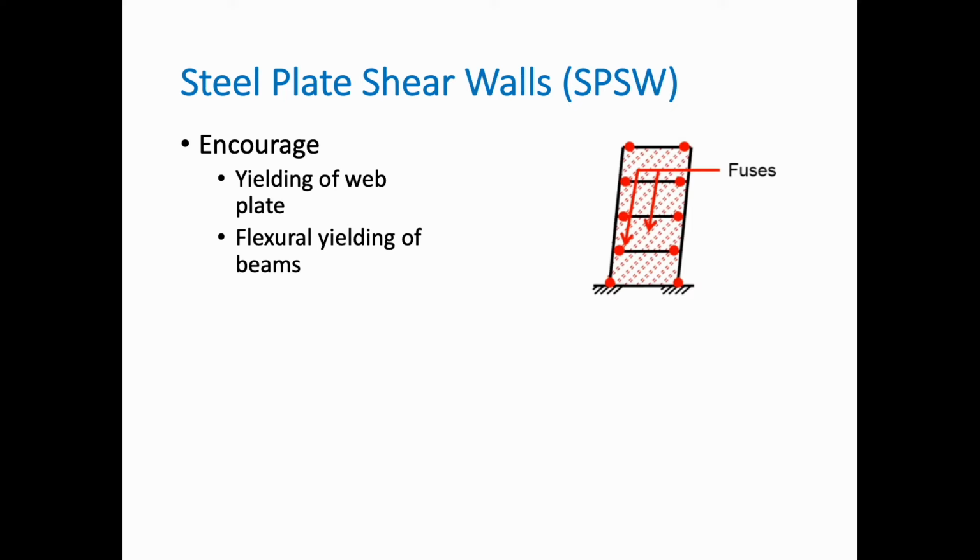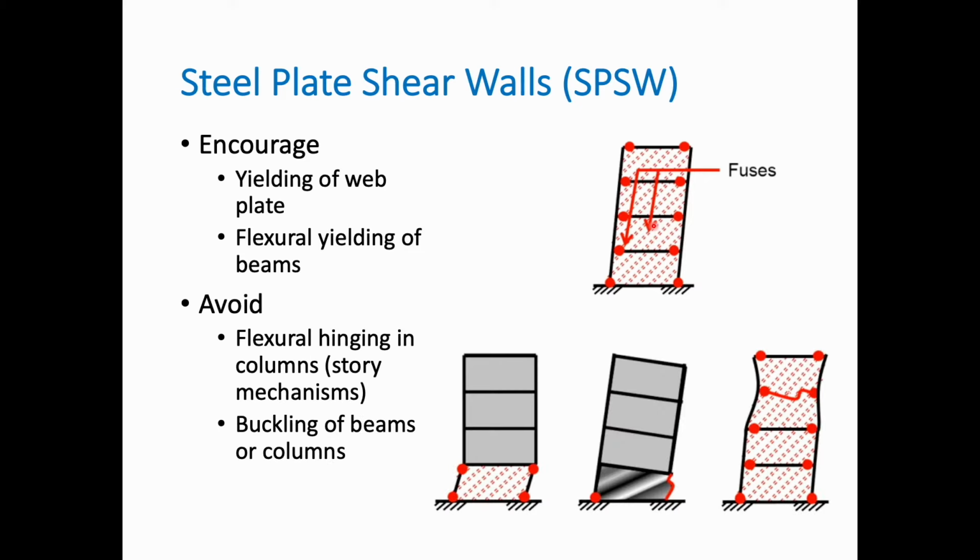So we will then get the flexural yielding of beams, and as you can see here, the plastic hinges are on beams. So the fuses in this system are both the beams, where we'll get the plastic hinges, as well as the plate itself, which will buckle. What we want to avoid here is the flexural hinging, again, in columns, to avoid any sort of story mechanism, as well as the buckling of beams and columns.